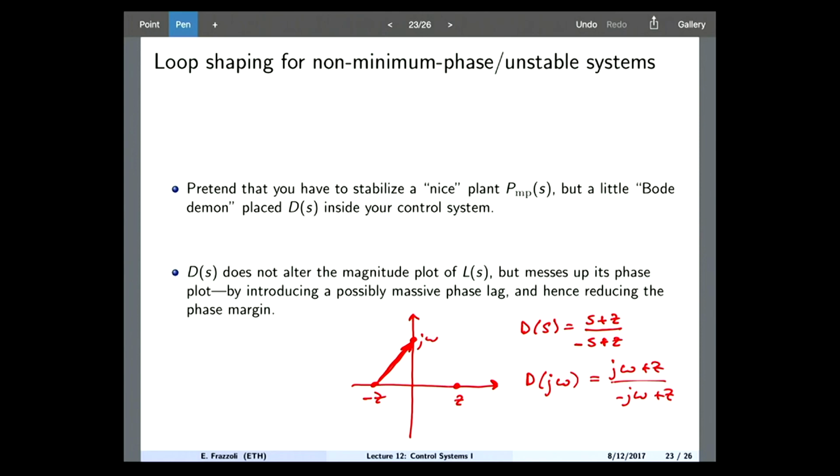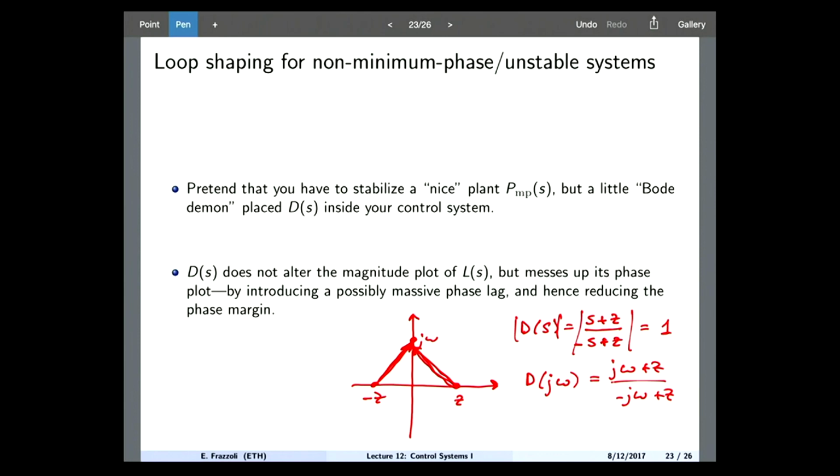What is the magnitude of the denominator? That's the distance from my pole to the j omega point. What is the magnitude of the ratio? It's one divided by the other, which is 1. Okay? So you see that the magnitude of this thing is actually always equal to 1.